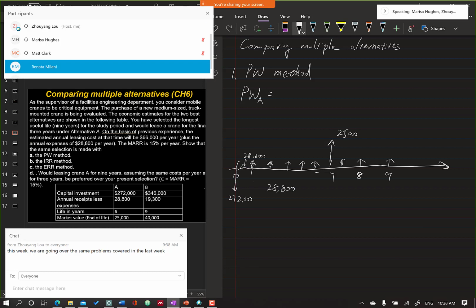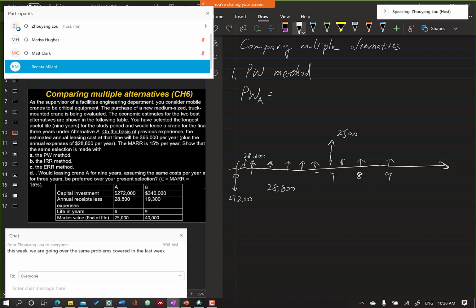Is that correct? For that one, that's a separate amount from the 66,000. That's not added inside. So that's the extra one.